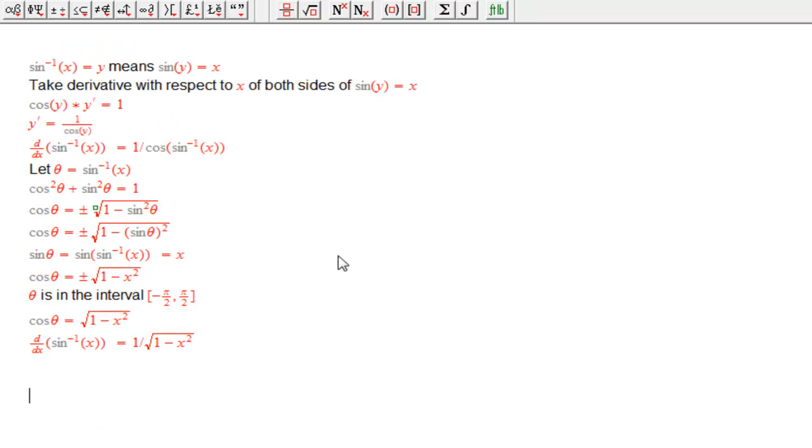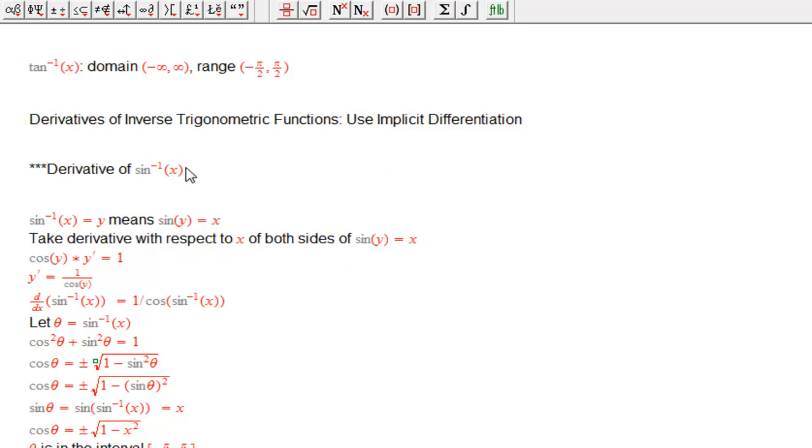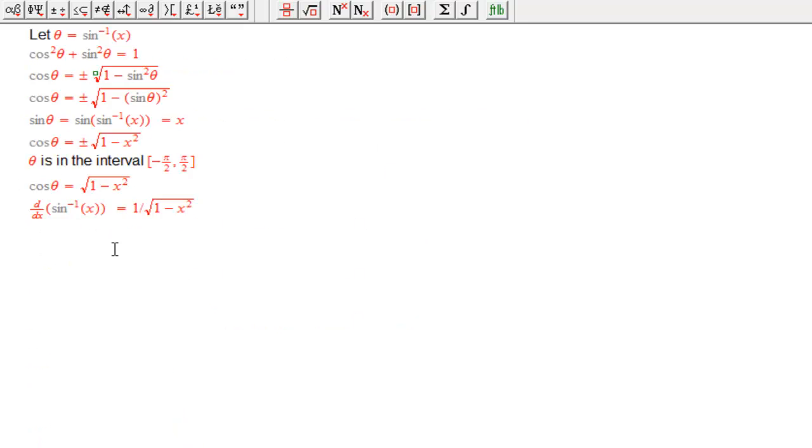Okay, that was fun. Let's do it again. This time we're going to do the derivative of inverse cosine of x.